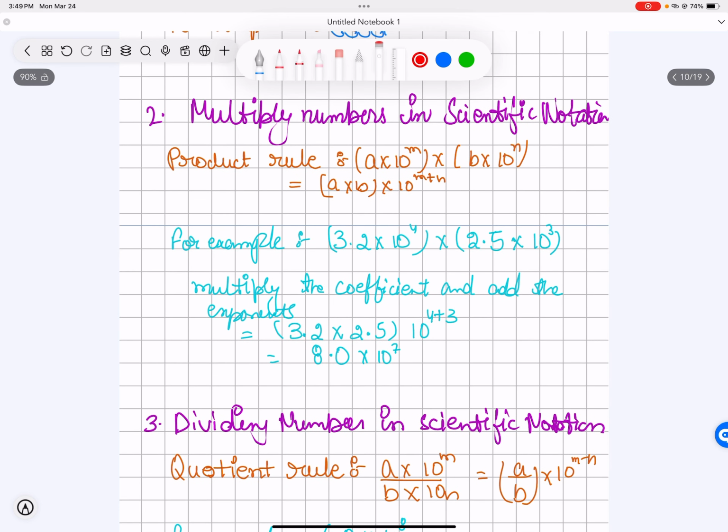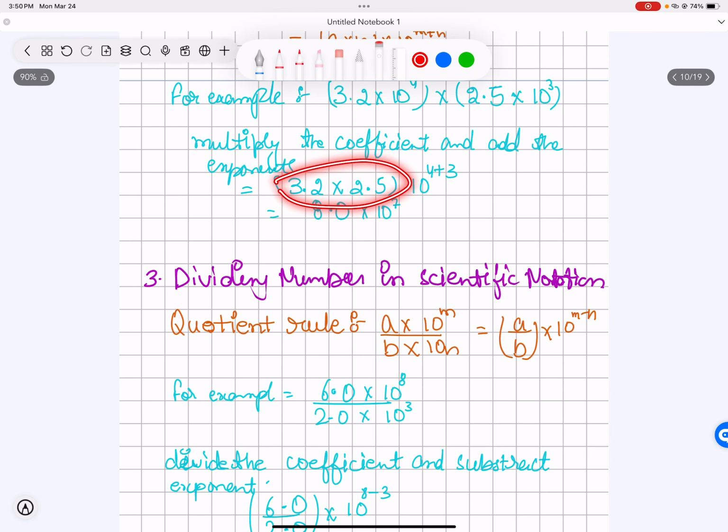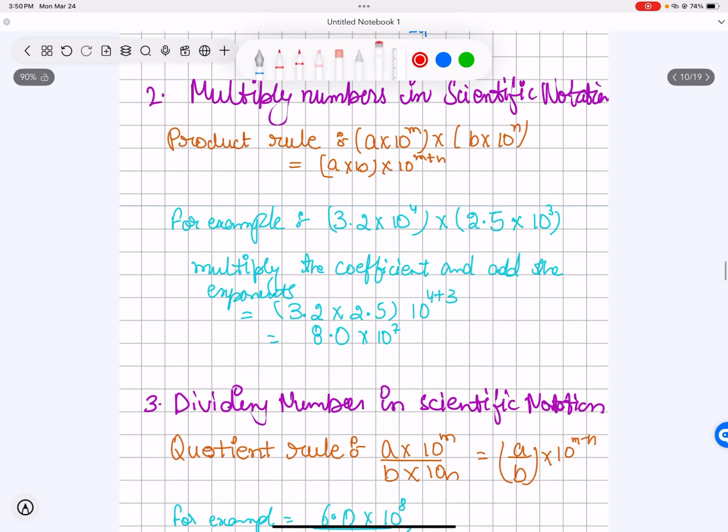For example, we have 3.2 times 10 to the power 4 and 2.5 times 10 to the power 3. We multiply the coefficients and add the exponents, 4 plus 3 is equal to 7. Multiplying the coefficients, we get 8.0, so that is our scientific notation for multiplying the numbers.